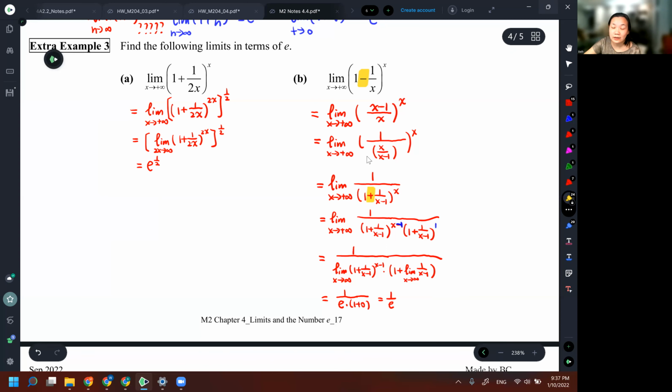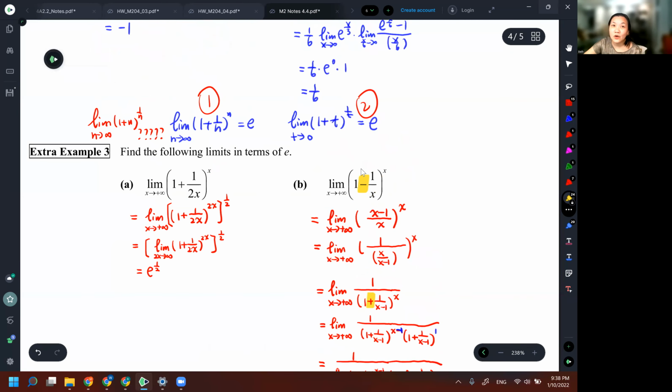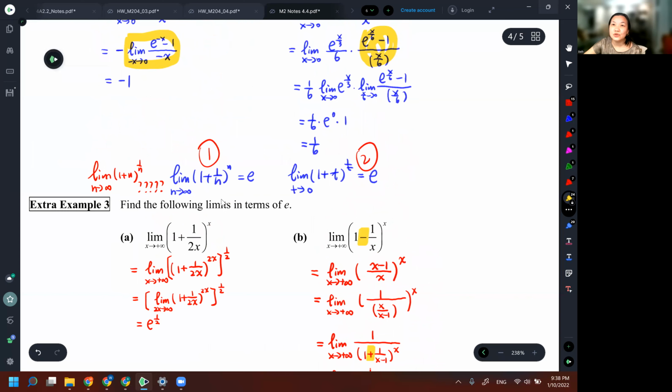Now, if you are expected to do this, obviously it's very hard and it takes too much time and it's not necessary. So in order to make all these exercises easier for you, you must use this one and this one, number 1 and number 2, plus something more.